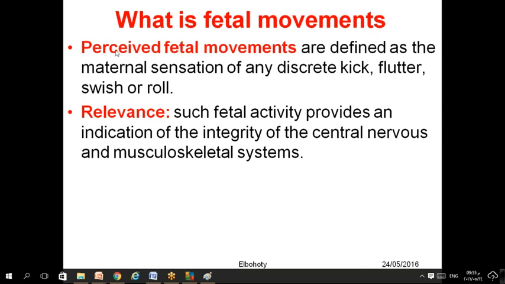Fetal movements or perceived fetal movements are defined as maternal sensation of any discrete kick, flutter, swish, roll, any movement related to the baby.